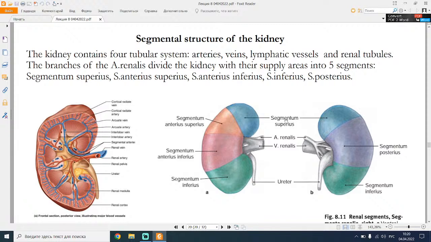Segmentum superius, segmentum anterius superius, segmentum anterius inferius, segmentum inferius, and the fifth, segmentum posterius. A kidney has segmental structure.